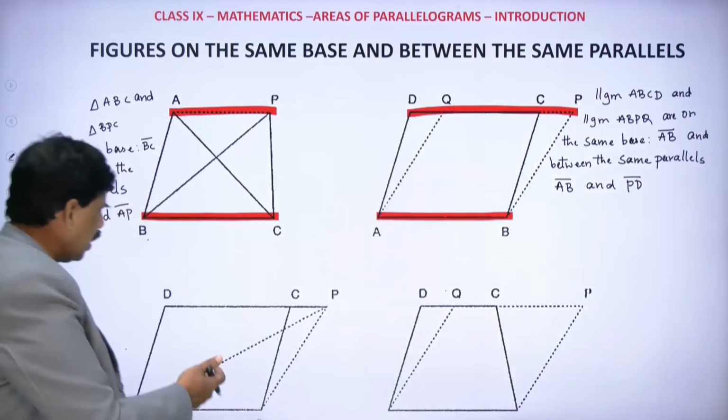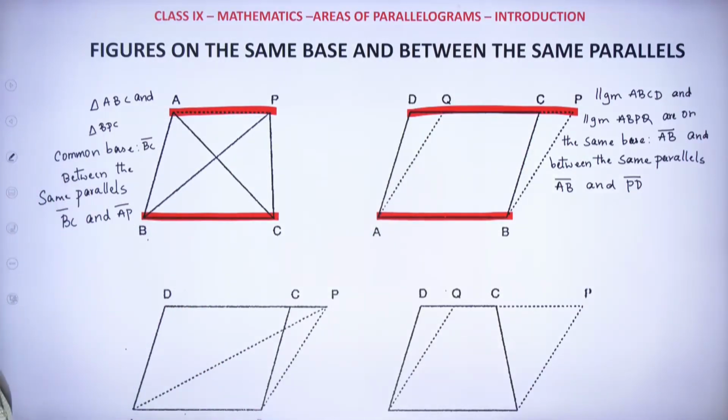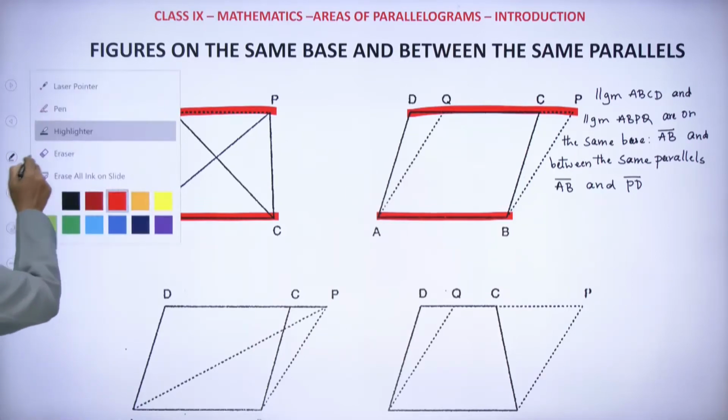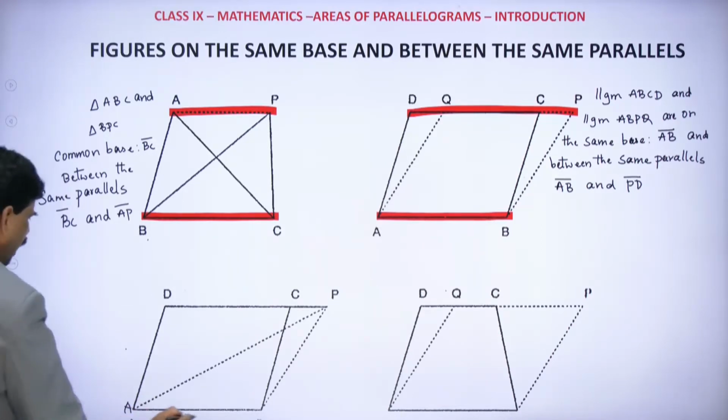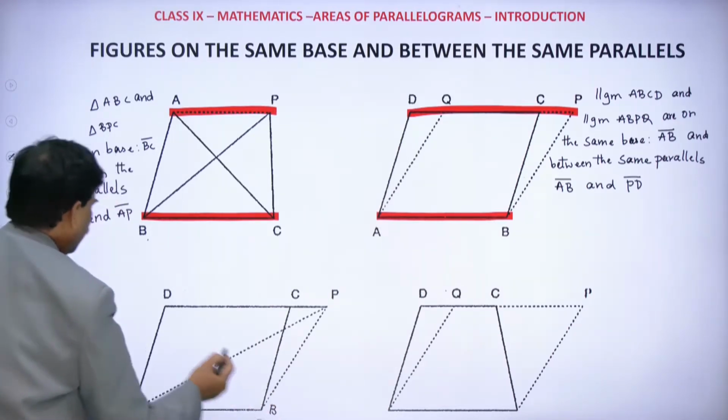Now can you look at here and see what you are seeing here? What do you have here? You are seeing one triangle as well as one parallelogram. What is the triangle you are seeing here? The triangle is ABP.